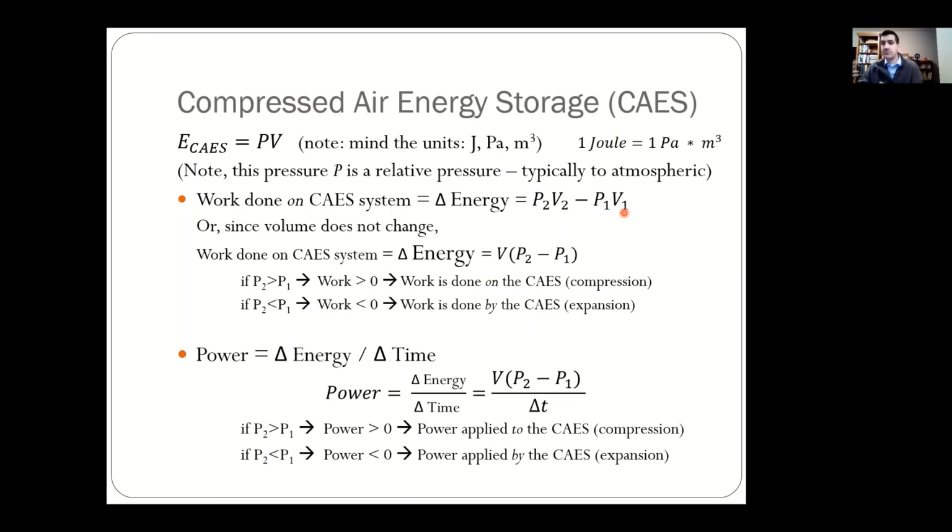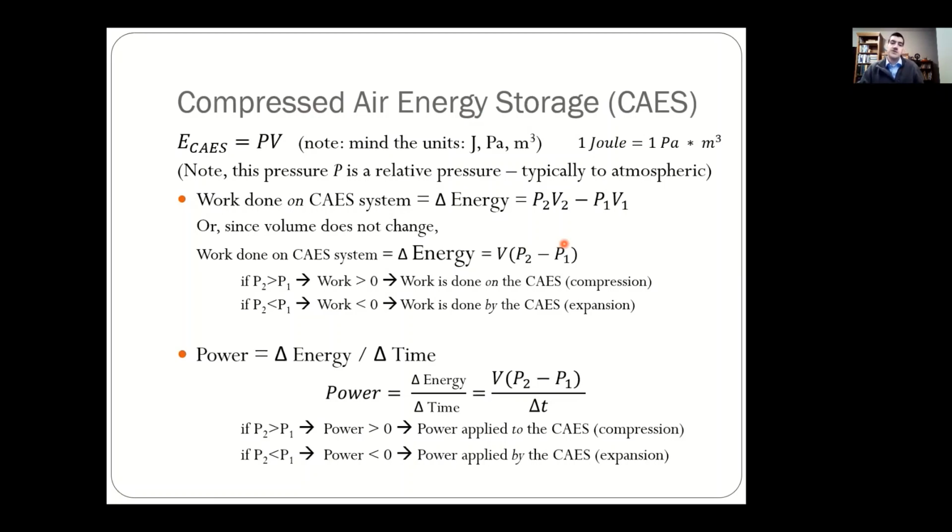It's the volume of the pressure vessel or cavern, whatever it is. So we can factor out the volume and simplify: it's the volume of the vessel or cavern times the final pressure minus the initial pressure.